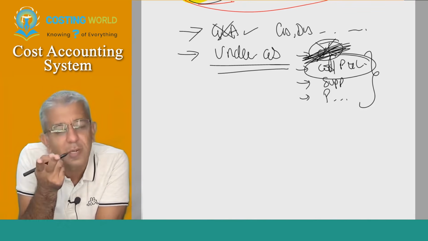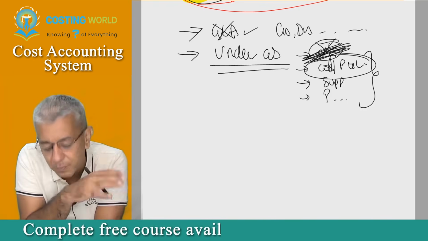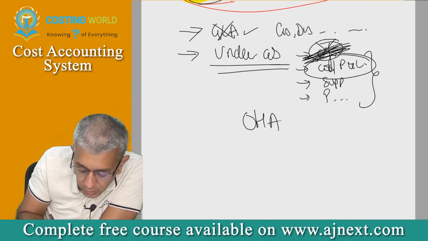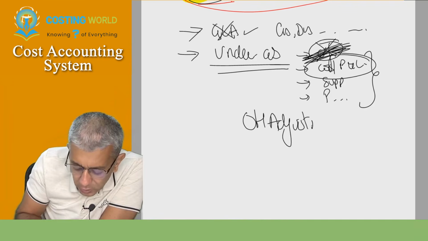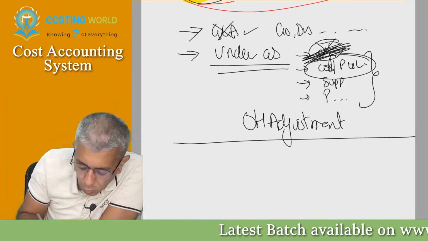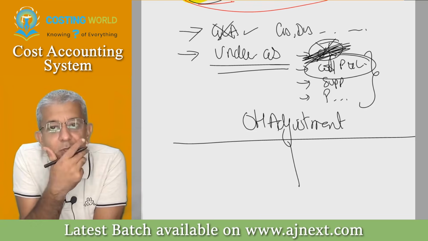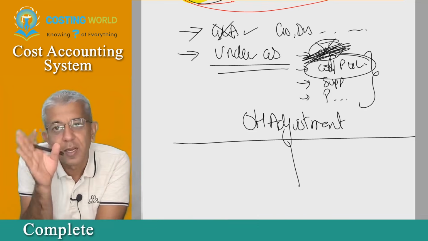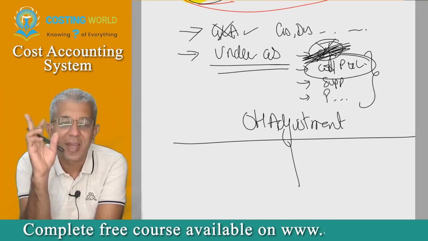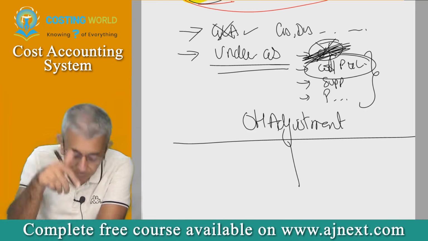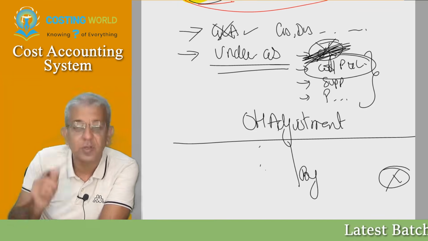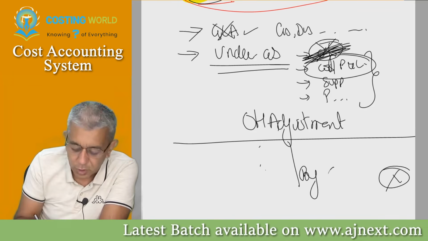If absorption costing applies to S&D also, they transfer under or over absorption to a new account, which ICA calls the overhead adjustment account. All under or over absorptions from factory, admin and S&D accounts will come to this account. Then you close this account and transfer the net under or over absorption to costing P&L.